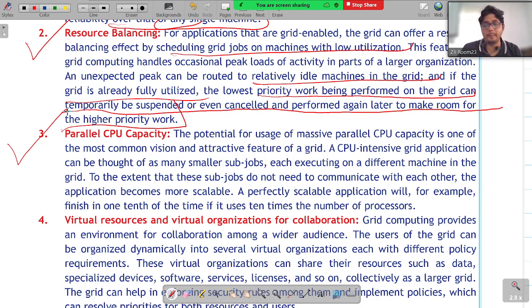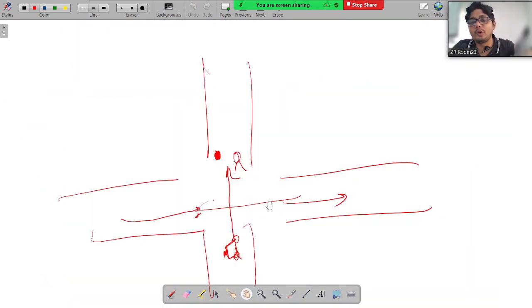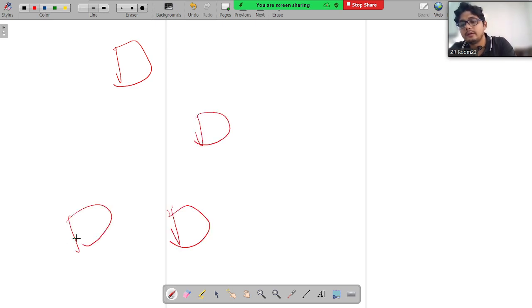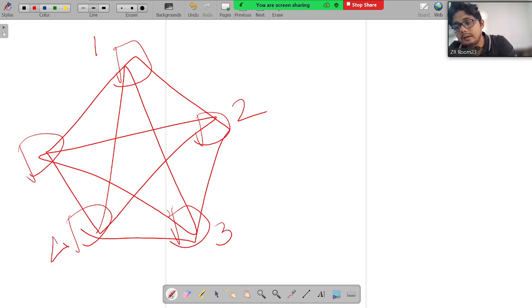Now listen here properly. Parallel CPU capacity. Again I need to draw a grid. Just giving some numbering: 1, 2, 3, 4, 5.